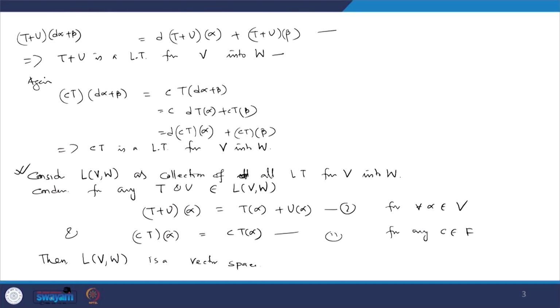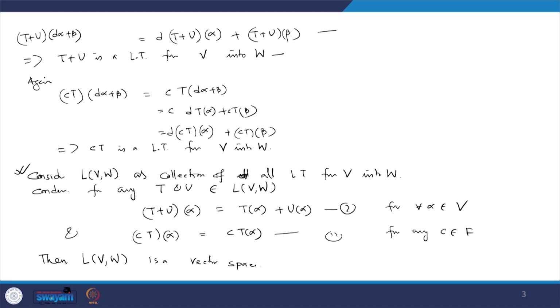We have already seen, if I consider the collection of all functions from a set V to another set W defined by, say, (f1 plus f2)(s) is equal to f1(s) plus f2(s), and c times f1(s) is equal to c f1(s). So, with respect to that type of vector addition and scalar multiplication, your set of all the functions from V to W will be a vector space.